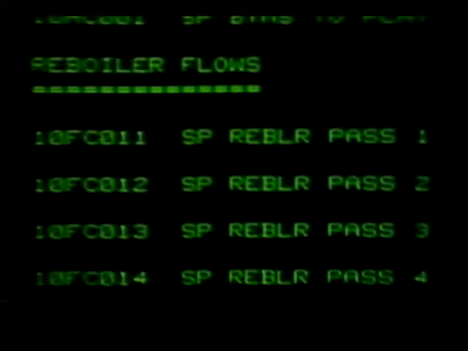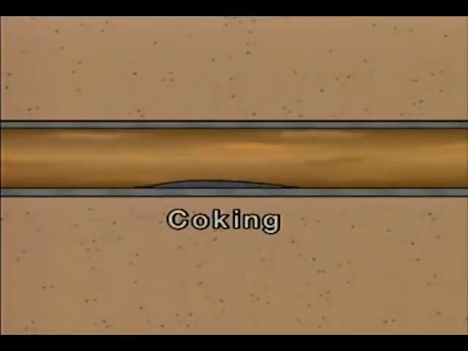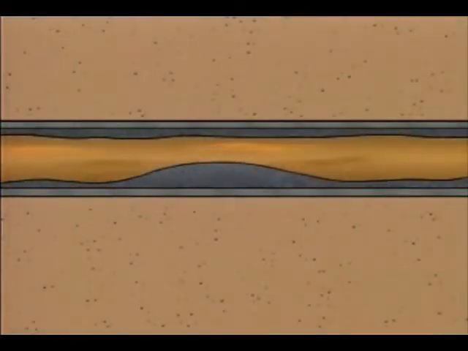Flow problems can lead to heat transfer problems as well as equipment damage. One type of problem that can occur is called coking. Coking is the accumulation of carbon deposits on the inside walls of the tubes. Crude oil and some other types of process fluids tend to leave carbon deposits behind as they're heated and flow through the tubes.